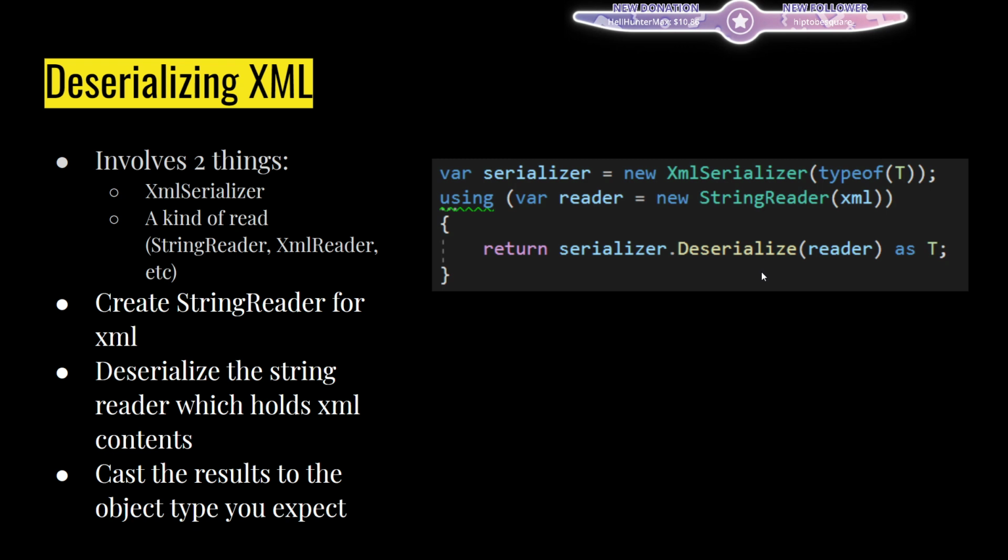It takes a reader which has the XML and deserializes it into an object. Since it's an object, you still need to convert it into the specific type that you requested. The XML in this case can be either, and in this specific case, since it's a string reader, it's a string, but it can be either. It will be slightly different for a file, and we'll see how it differs.